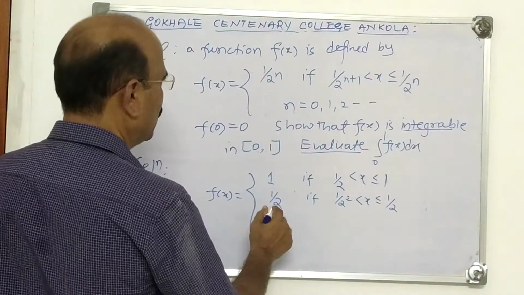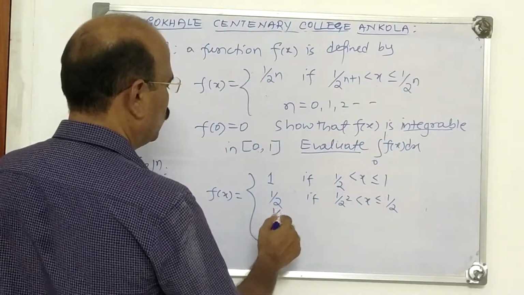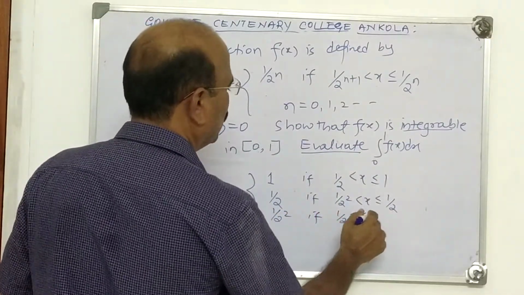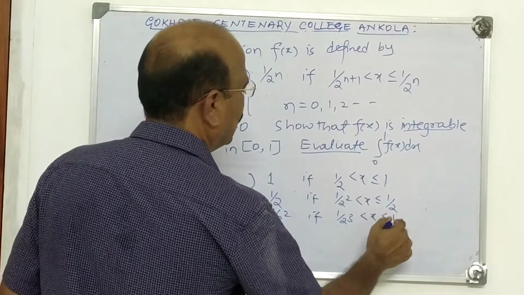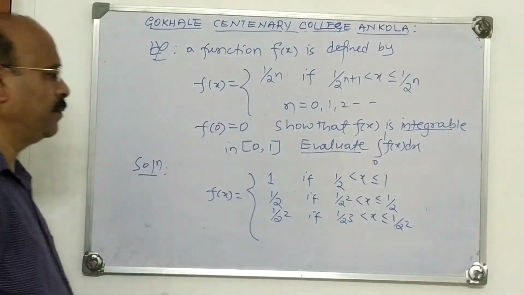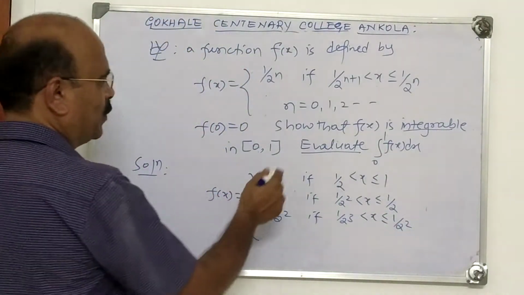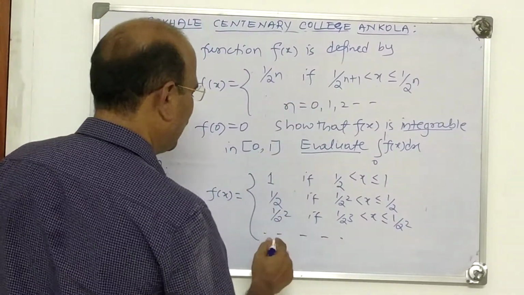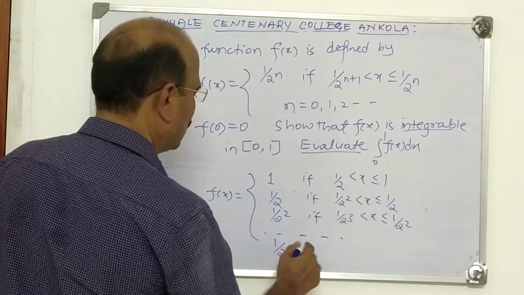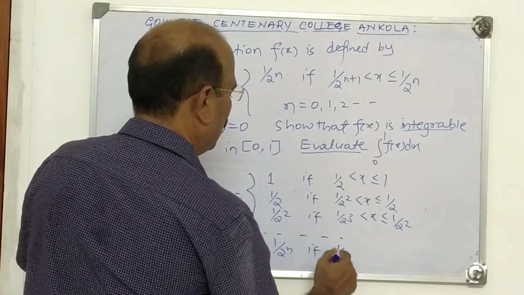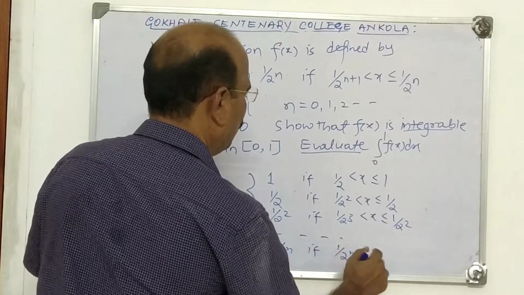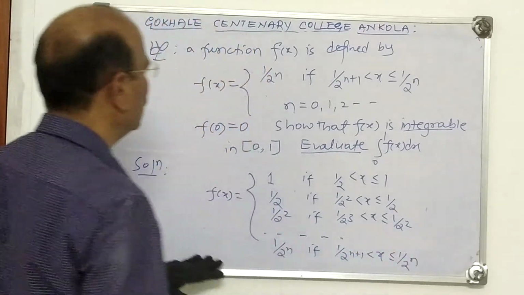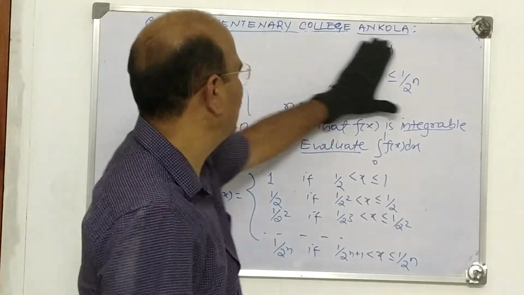And it is 1/2^2 if 1/2^3 < x ≤ 1/2^2. You know how to write the value of f(x). Take n is 0 first, then 1, then 2 and so on. And finally 1/2^n if 1/2^(n+1) < x ≤ 1/2^n. This is f(x).